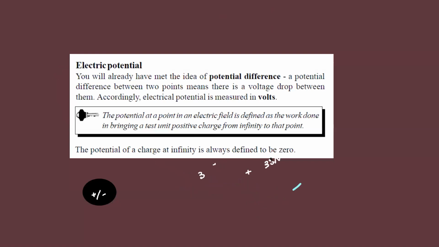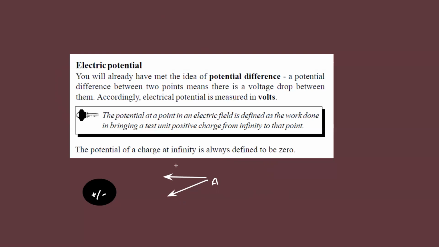Using this concept of electric potential, we also define the equipotential surface. For example, a charge is at position A and I move the charge, doing work of 30 joules. Using work of 30 joules, I can move this charge to different points.